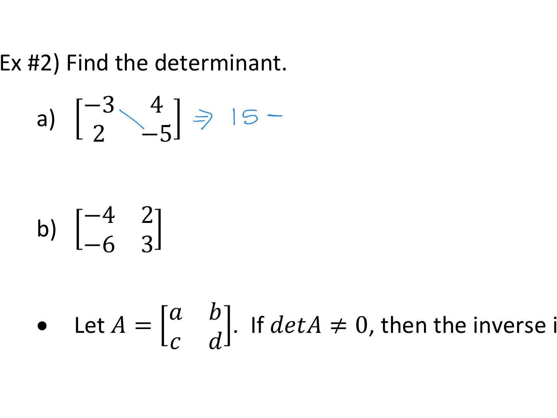It's always going to be subtraction. And then what am I multiplying? 4 times 2, which is 8. So 15 minus 8 is 7. So your determinant is 7. Does this have an inverse? Yes, this one has an inverse. We'll find those inverses later.